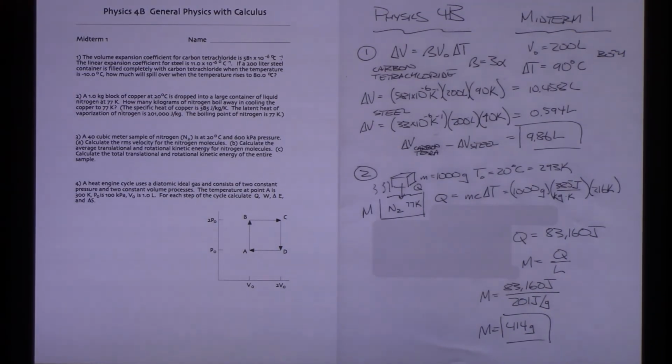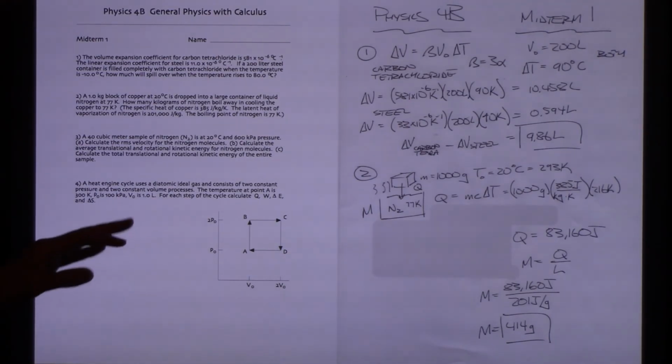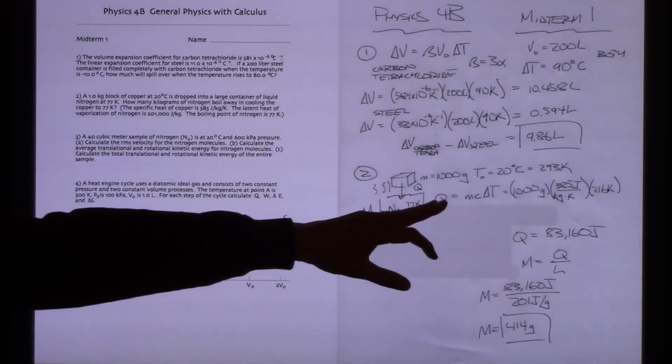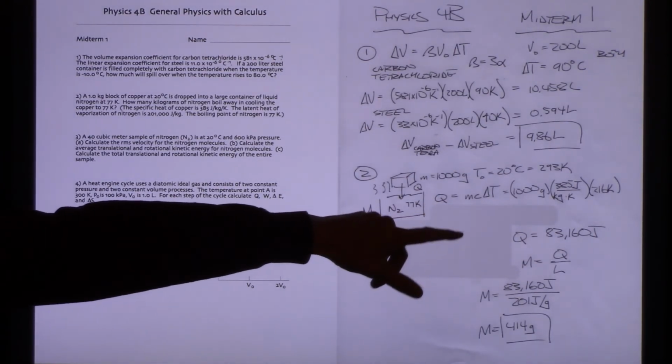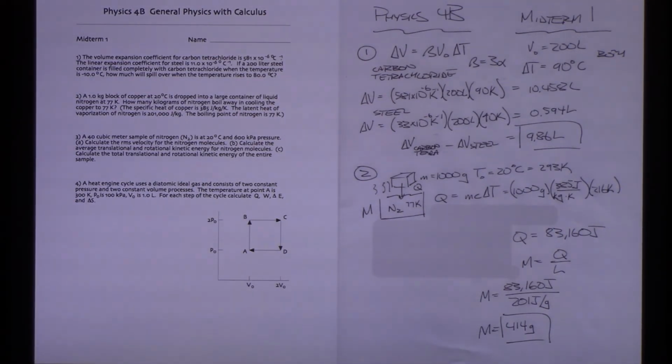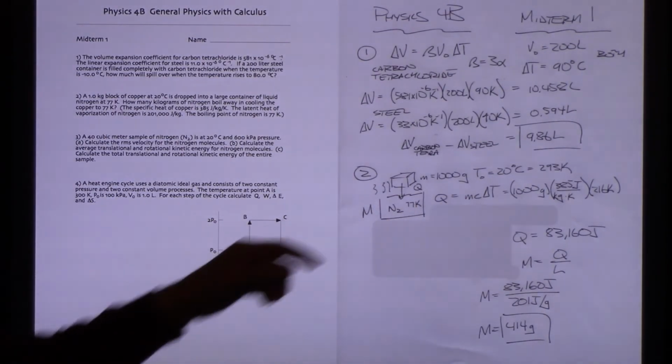In fact, it will, because it's right at its vaporization point. So the copper is going to drop in temperature until it comes into equilibrium with the liquid nitrogen. And that's how we know that this is going to drop by 216 Kelvin, from 293 down to 77.